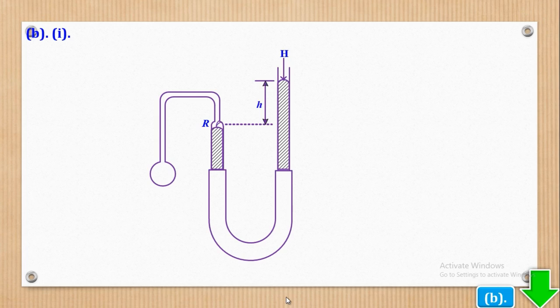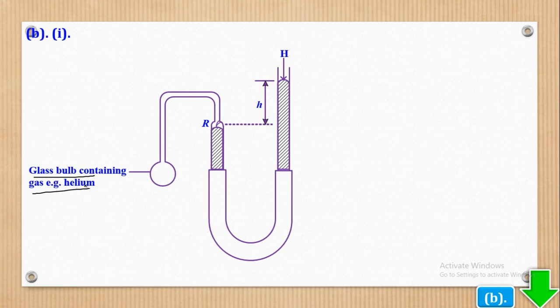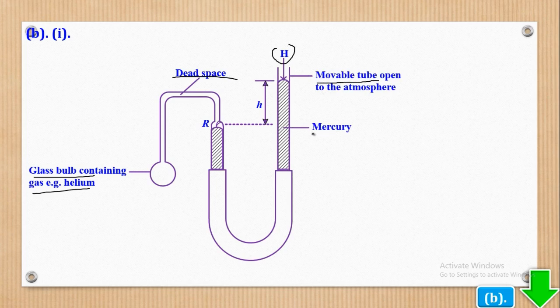Next is to label some of the parts. We shall start with that part, which is a gas bulb containing a gas such as helium. Then we label this as the dead space. Then this as the movable tube open to the atmosphere. So this is the atmospheric pressure. Then we label this as the mercury, and this as the flexible rubber tubing.